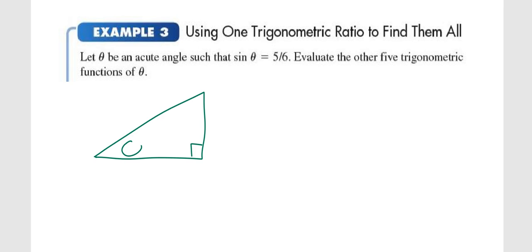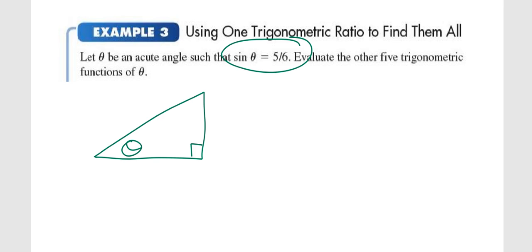We'll put theta down here in this corner. They have told you one of those sides is 5 and one of those sides is 6. Which one goes where? Pay attention to the fact that they told you that the sine of theta is equal to 5 over 6. Which side is 5 and which side is 6?